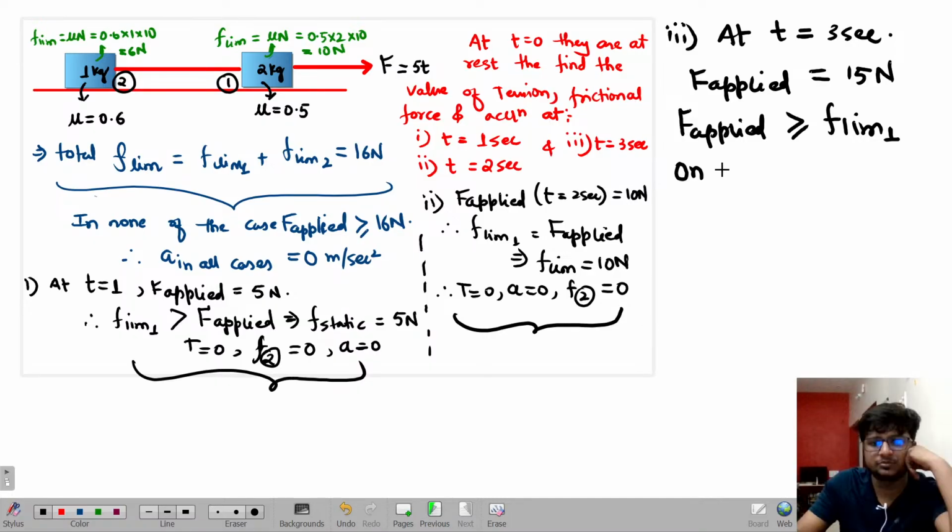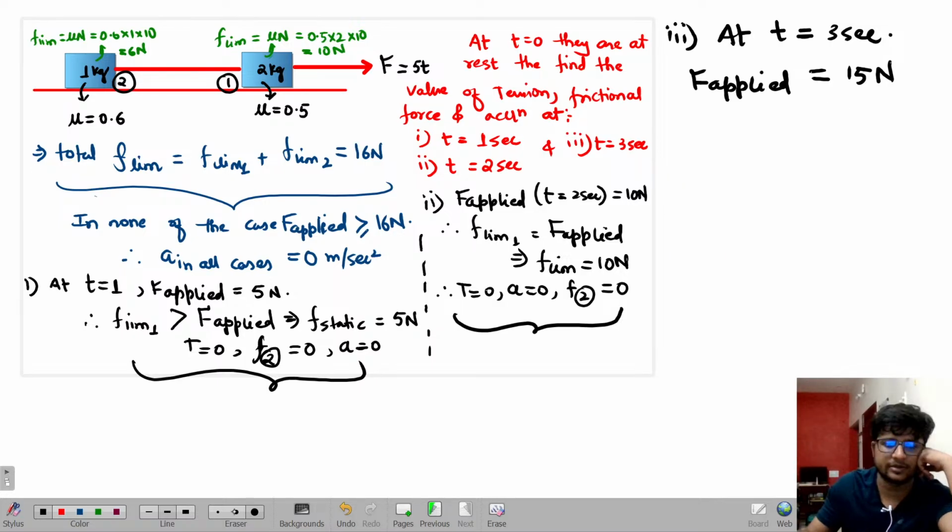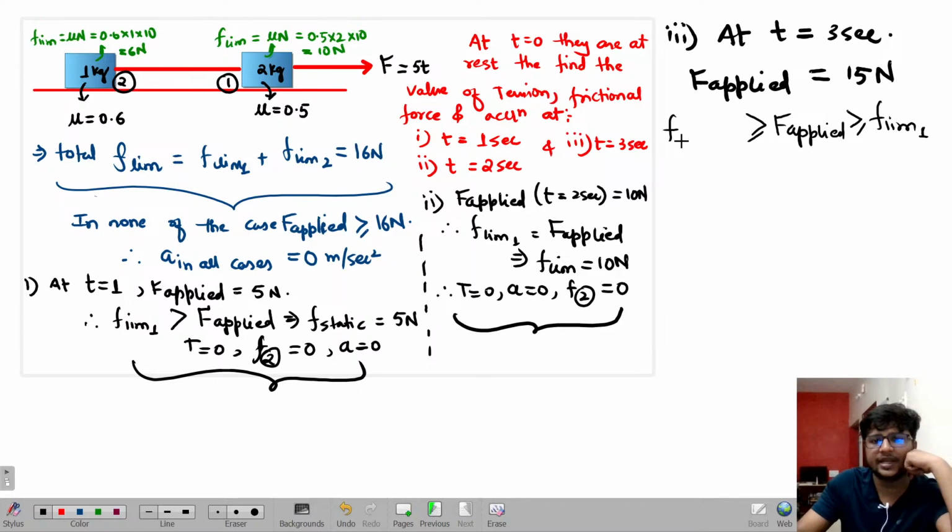Wait, let me write it properly. This F applied is more than my F limiting on my first block, but it is definitely less than combined F limiting of first block plus F limiting of second block. Now say something, yes or no?